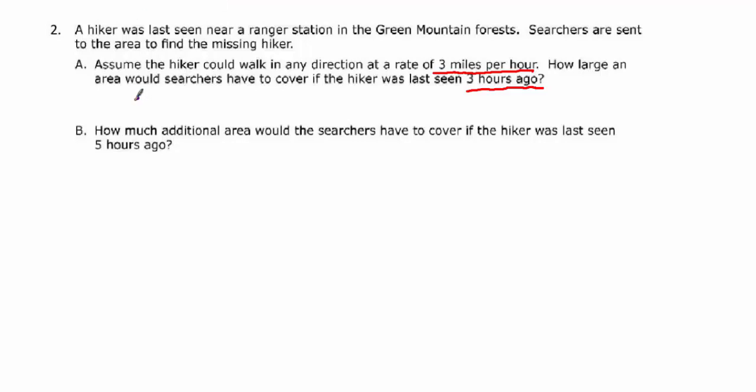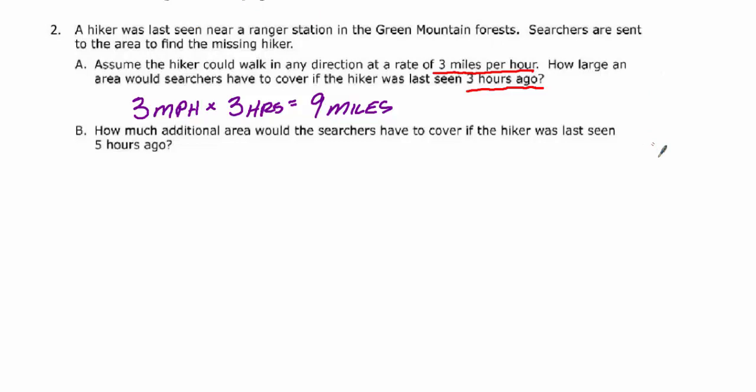So what we know is this hiker has been walking at 3 miles per hour for 3 hours. This hiker could have traveled 9 miles.